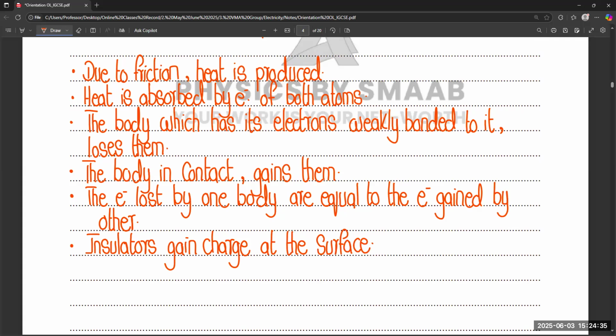So this charge is not a permanent transfer from one body to another. This charge can only be gained on the surface, right? So it is like a temporary charge.